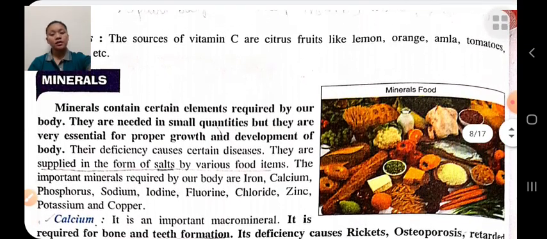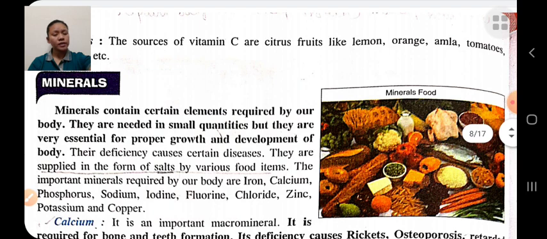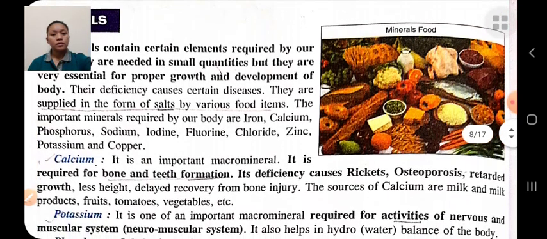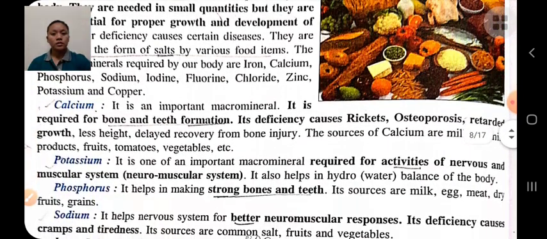Macro minerals are required in large quantity. Micro minerals are required in small quantity. Calcium is required for bone and teeth formation.